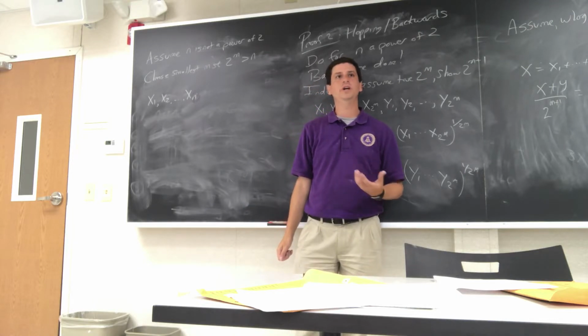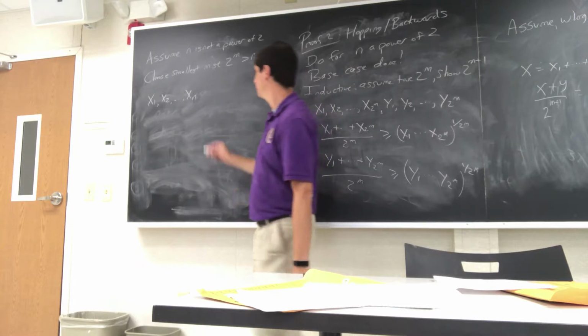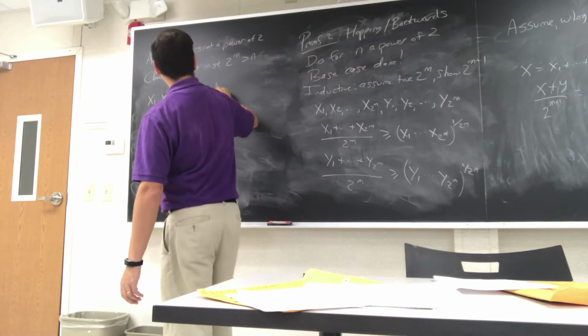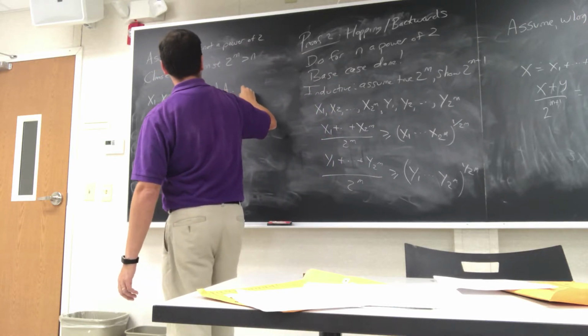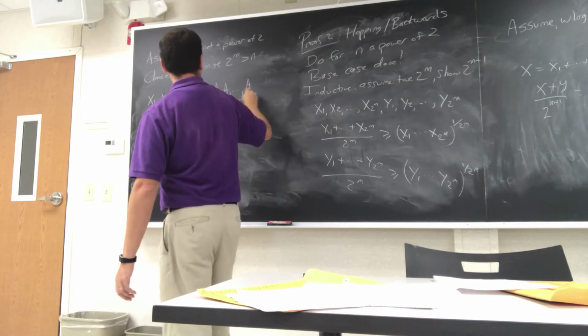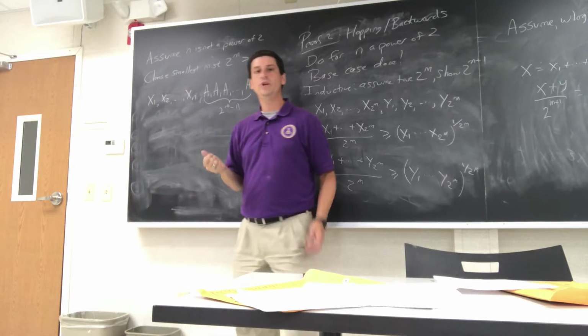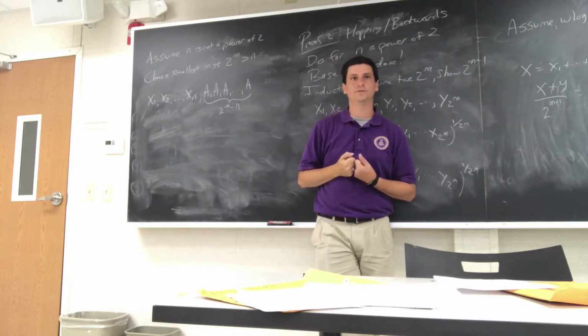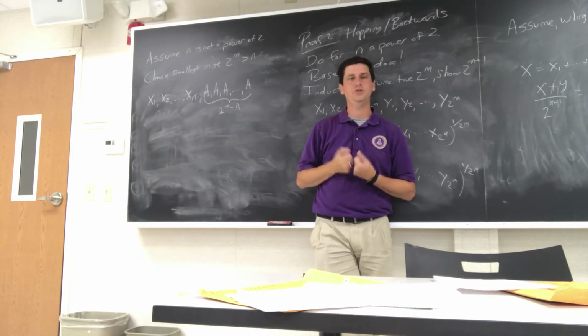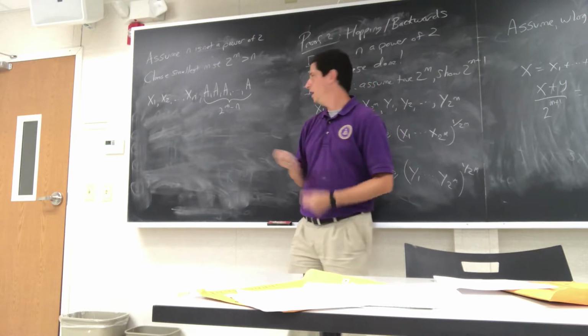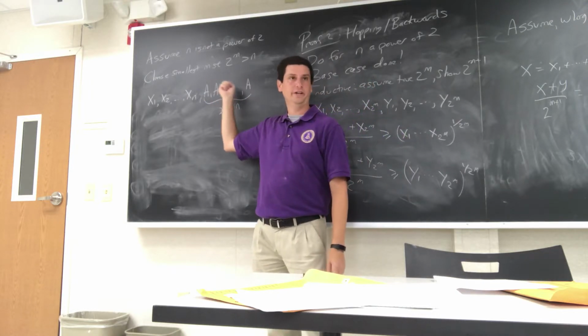So I'm going to put a common number A for all of them from some point onward, and we're going to have 2 to the m minus n of these. So now we have 2 to the m numbers total. I could put in anything I want here.